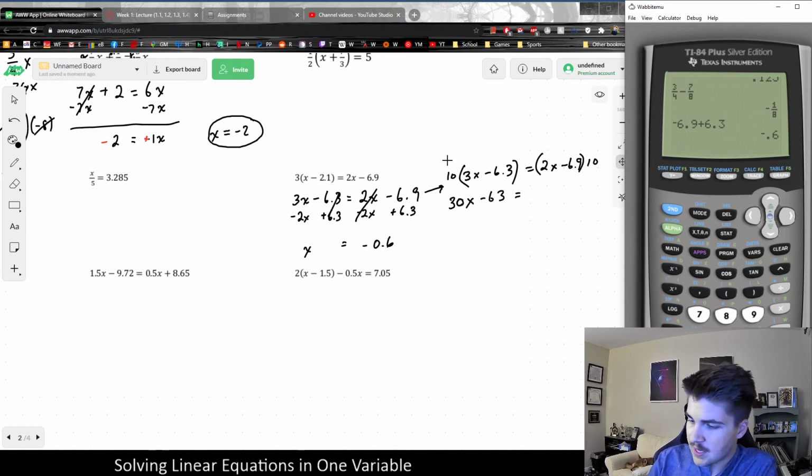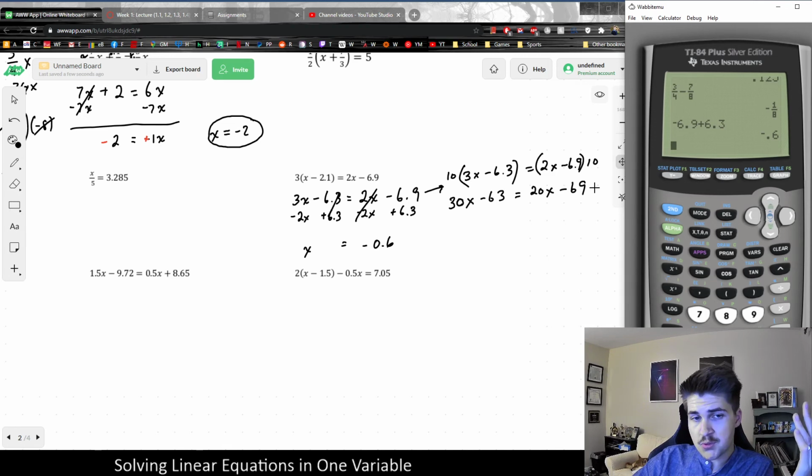And then on the right-hand side, 2 times 10 would be 20 times x, and 6.9 times 10, again for the same reason, would be 69. The point of this trick, which is multiplying by 10 on both sides to get rid of the decimal, is exactly that. Now I have an equation without decimals.